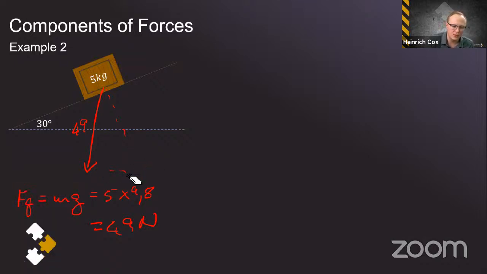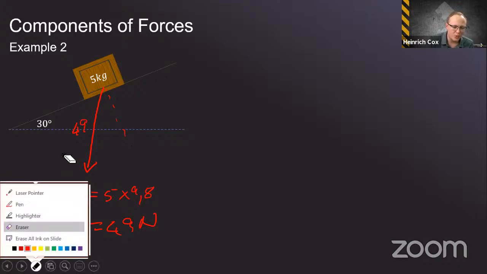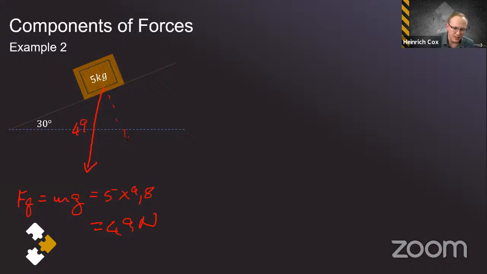So what we need to do is make sure that when we draw this vector triangle, we do it nicely such that this here and this here actually form that perpendicular angle, the 90-degree angle. And this here is what we'd call FG perp, or perpendicular, and that's because it's perpendicular to the slope that it's on. And then this here is going to be FG parallel.